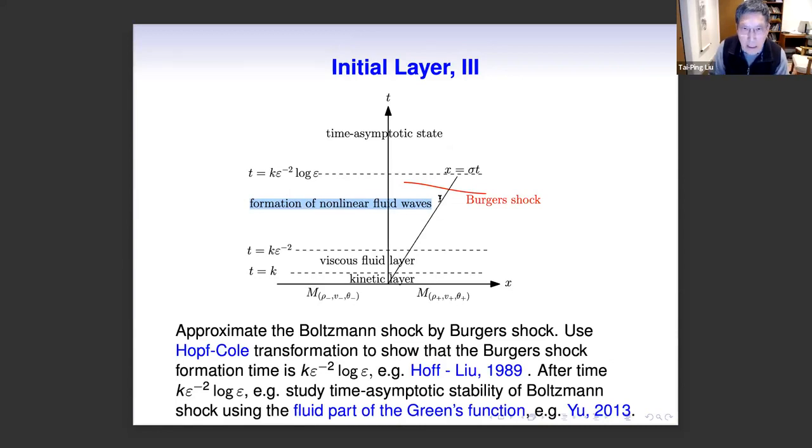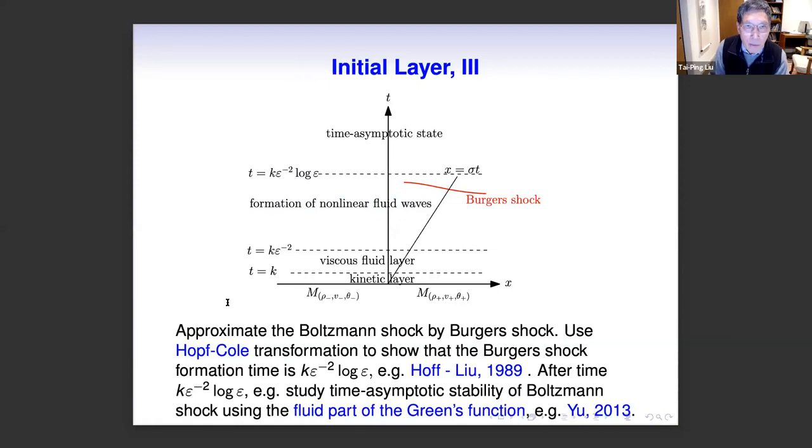So this one is the one where the Boltzmann shock began to form, and it takes this extra log epsilon time to form. And this is coming from the Hopf-Cole transformation of the Burgers equation.